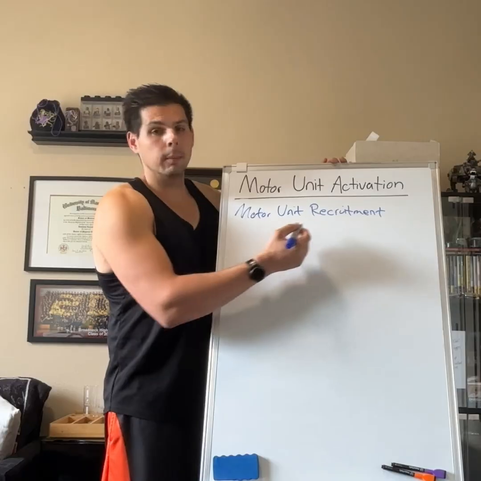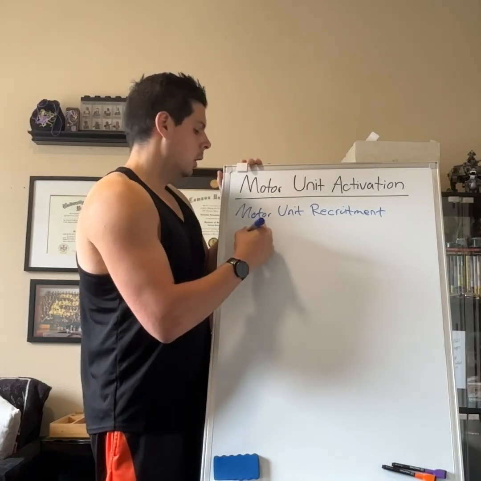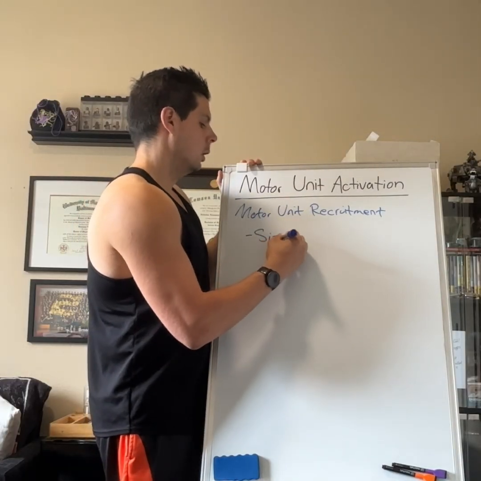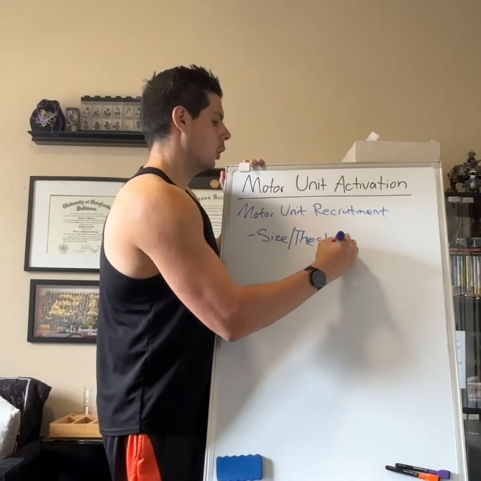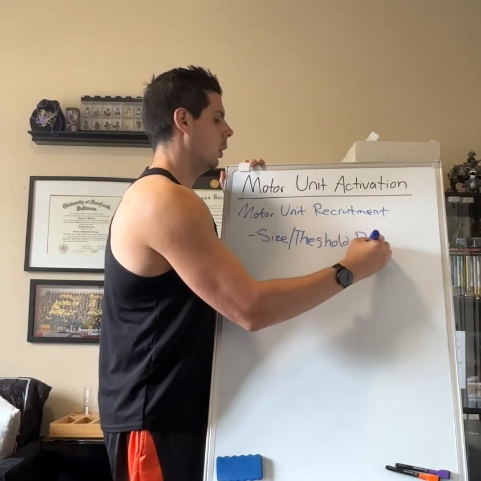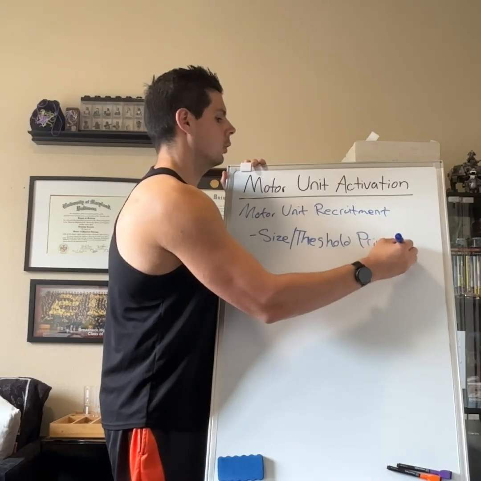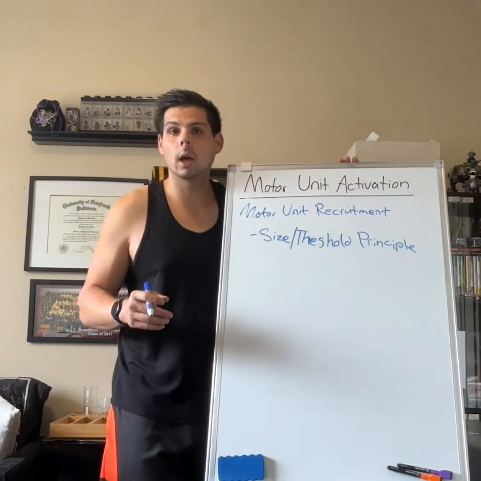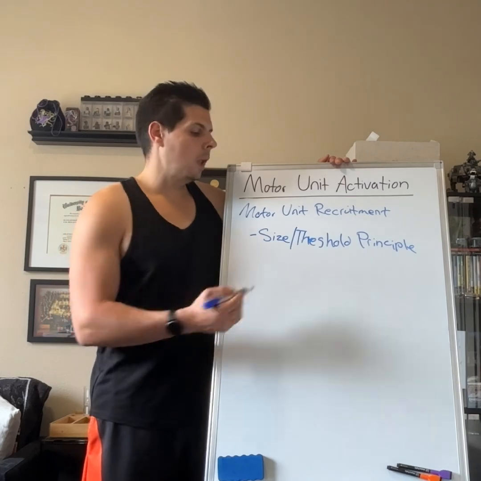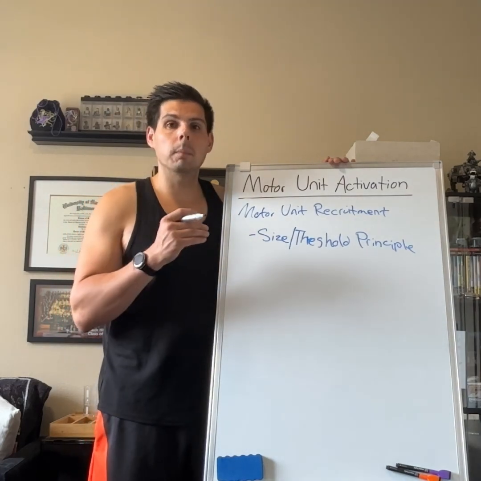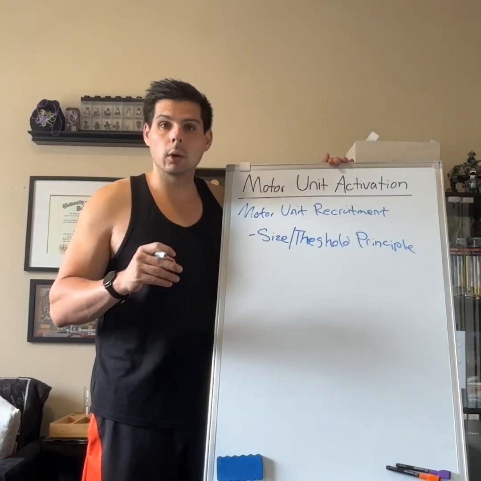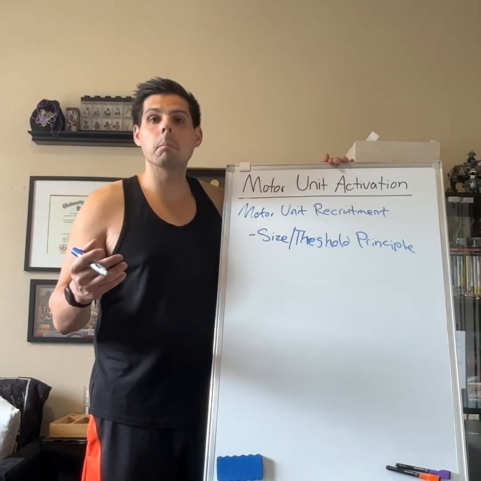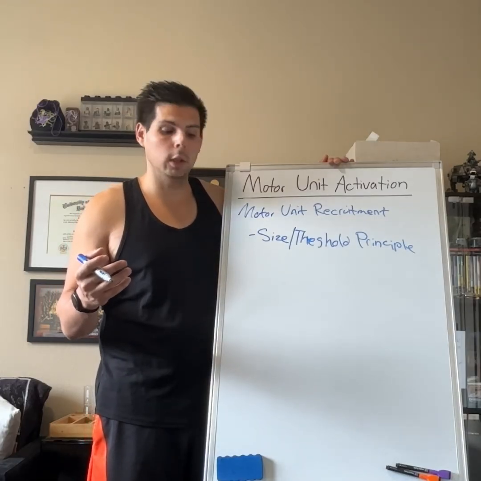Now, on the same topic of motor unit recruitment, we also have something to talk about referred to as the size or threshold principle of recruitment, sometimes also referred to as Henneman's size principle of recruitment. What this states is that as the muscular force requirements for an activity go up, your body will recruit bigger, more force-capable motor units.